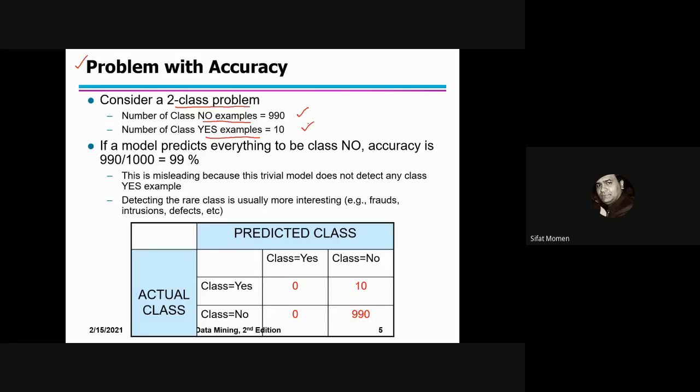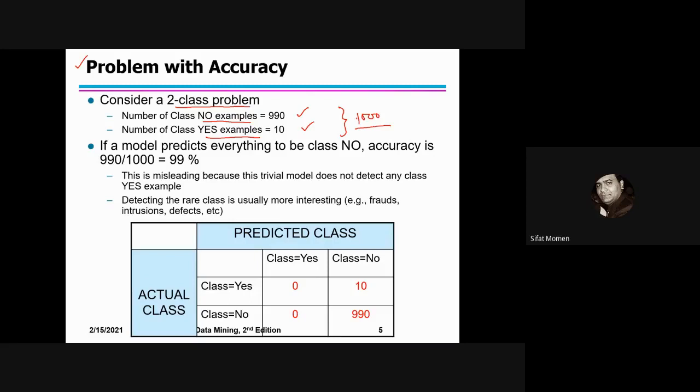So this is definitely an imbalanced class. We have a total of 1000 records, and out of 1000 records, 990 are no and only 10 of them are yes. Is it right? So there is definitely a class imbalance here.